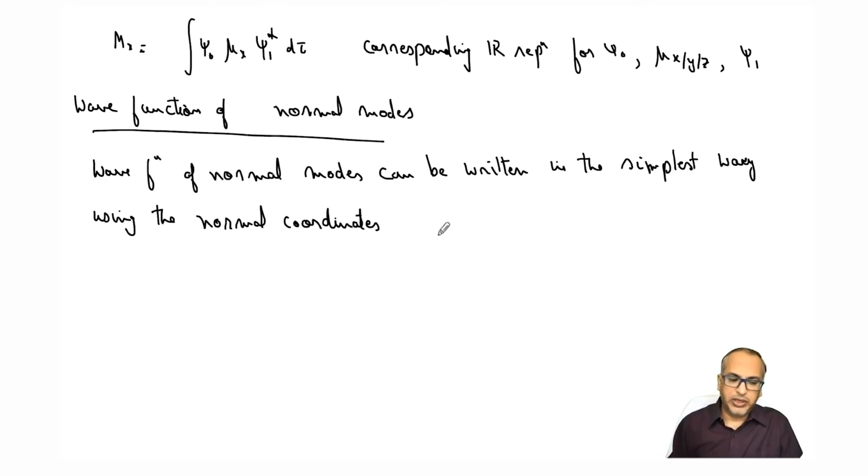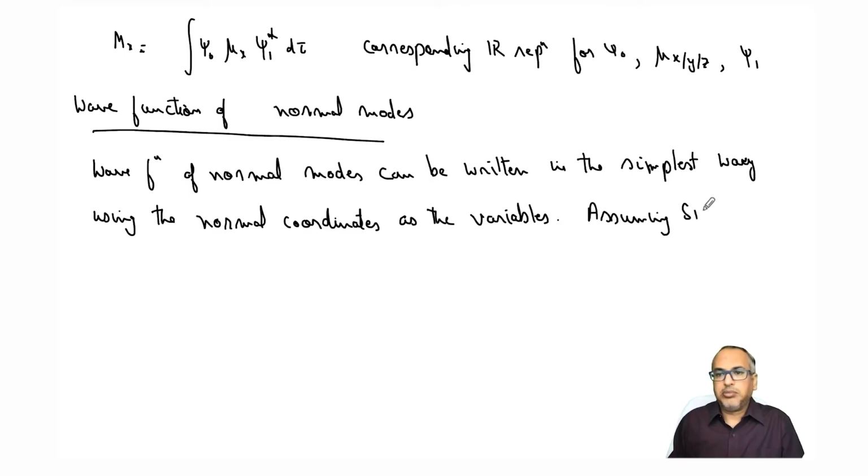Okay, so now let's see the normal coordinates as the variables, assuming the simple harmonic oscillator model.